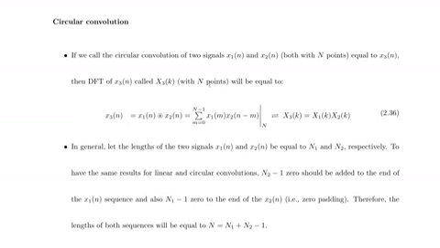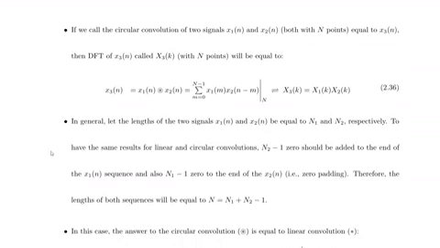If we call the circular convolution of two signals, x1 of n and x2 of n, both with N endpoints, x3 of n, then the DFT of x3 of n, called capital X3 of k, with N samples or endpoints, will be equal to, here in the time domain, the formula for convolution will lead to multiplication of their spectra or their DFT.